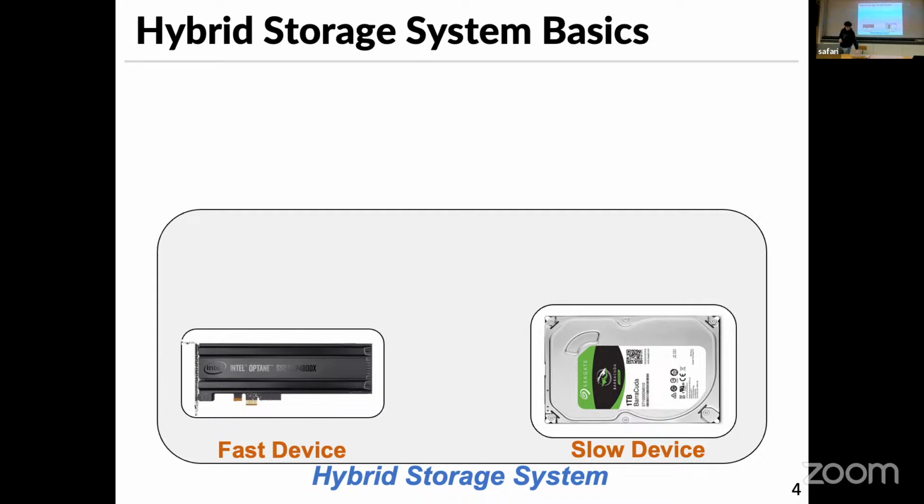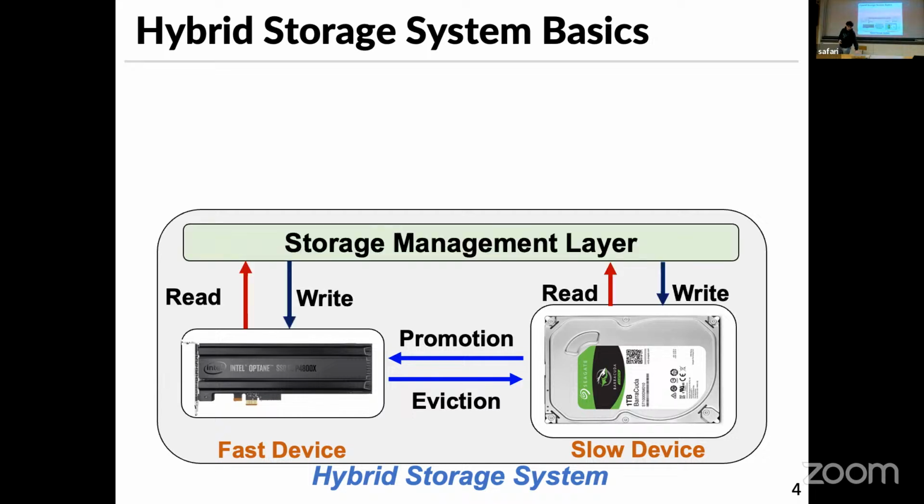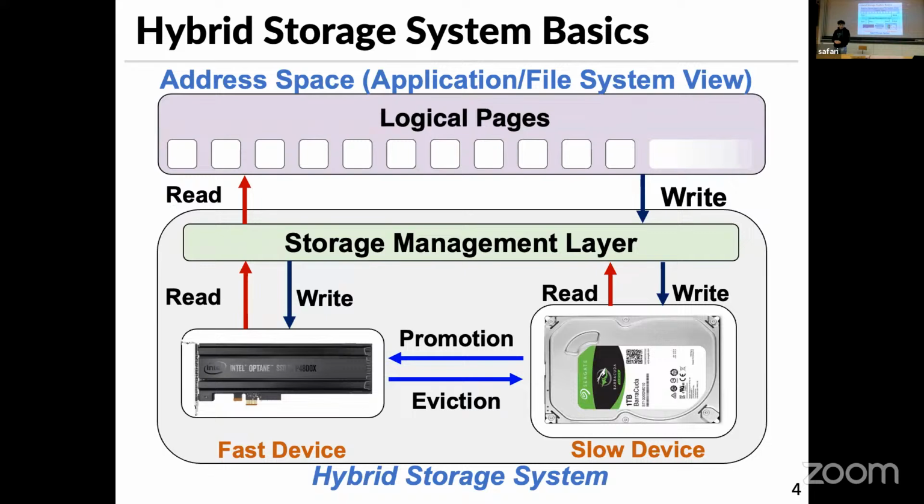And so you can move data from the slow device to the fast device, which would be a promotion. You can move data from the fast device to the slow device, which would be an eviction. And all of this is managed by the storage management layer, which processes read and write requests from the operating system, so from the processes running in the operating system.